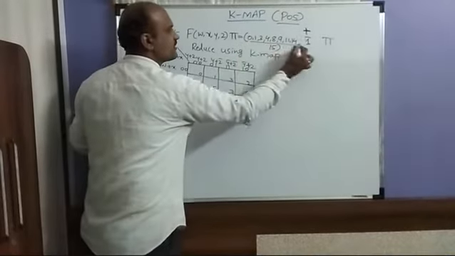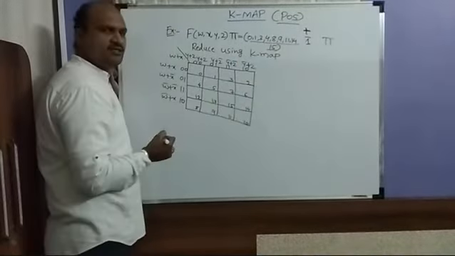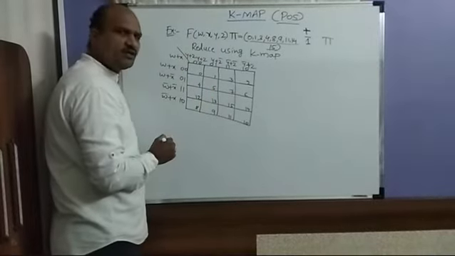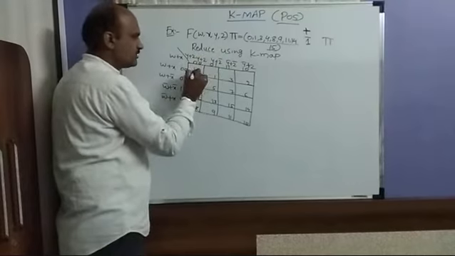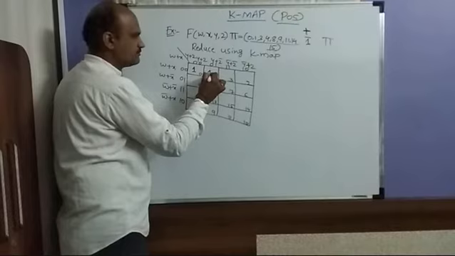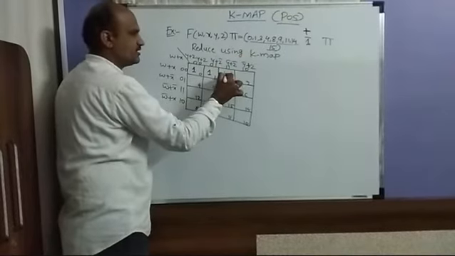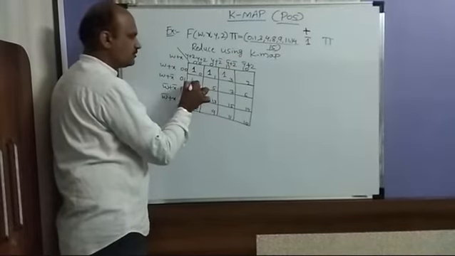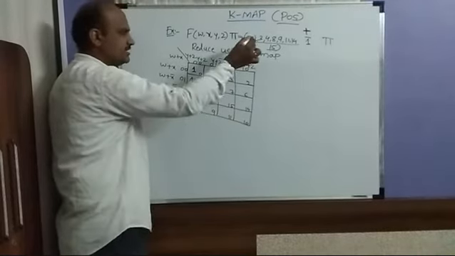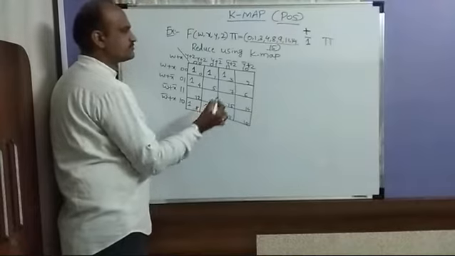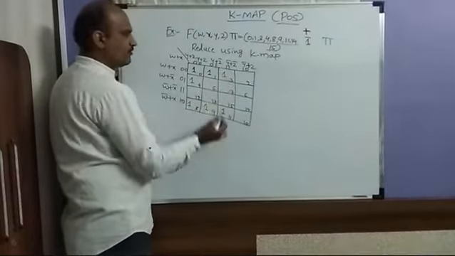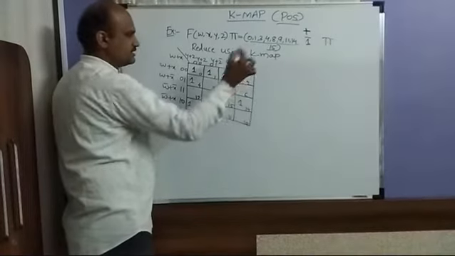Now go to the example. These are the numbers given. In the SOP you are writing 0 for the number, but now here you have to write the 1. So for 0 you write 1, then 1 also 1, then 3 we wrote 3, then 4 we wrote 4, then 8 we wrote 8 here, then 9 we wrote 9 here, then 11 we wrote 11 here, then 14 we wrote 14 here, then the 15.